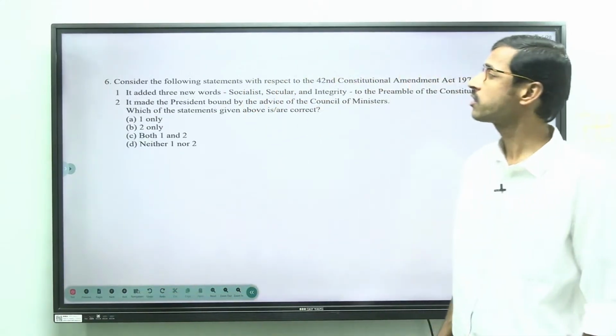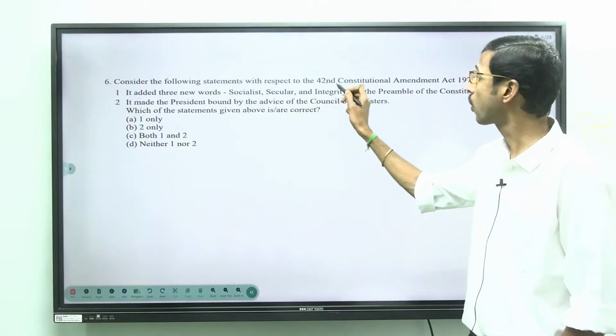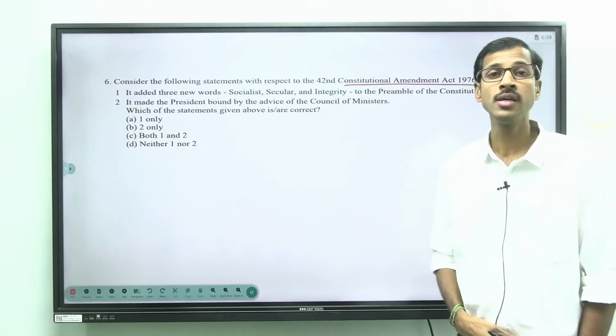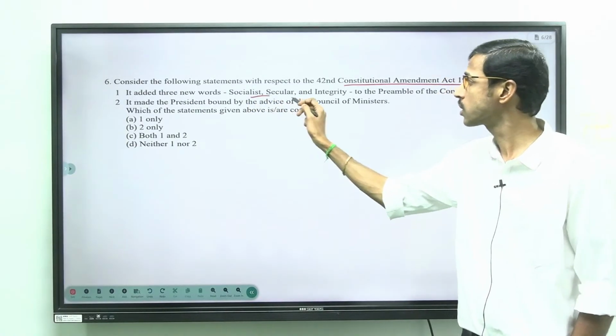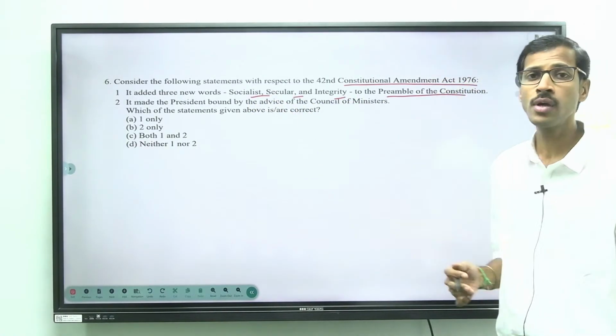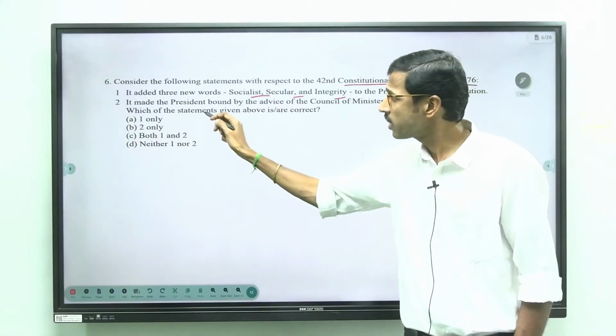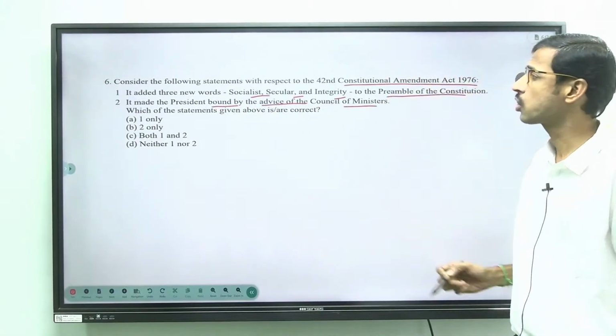Next important: consider the following statements with respect to the 42nd Constitutional Amendment Act 1976. It added three new words, socialist, secular and integrity, to the preamble of the Constitution, and also it made the president bound by the advice of the Council of Ministers.